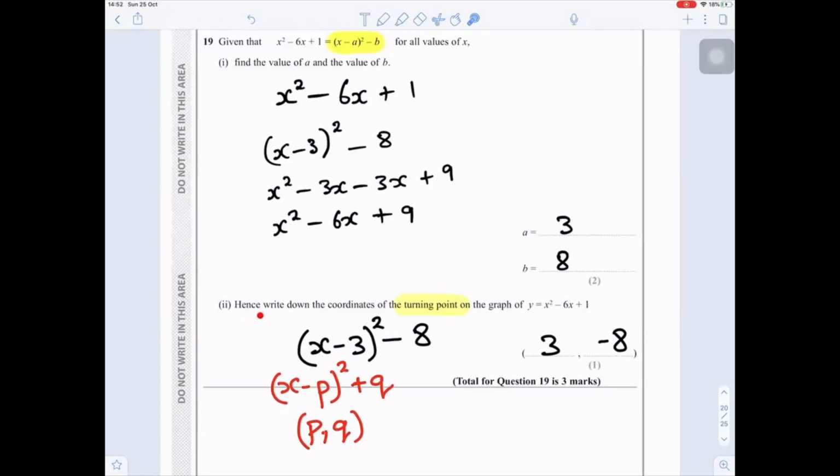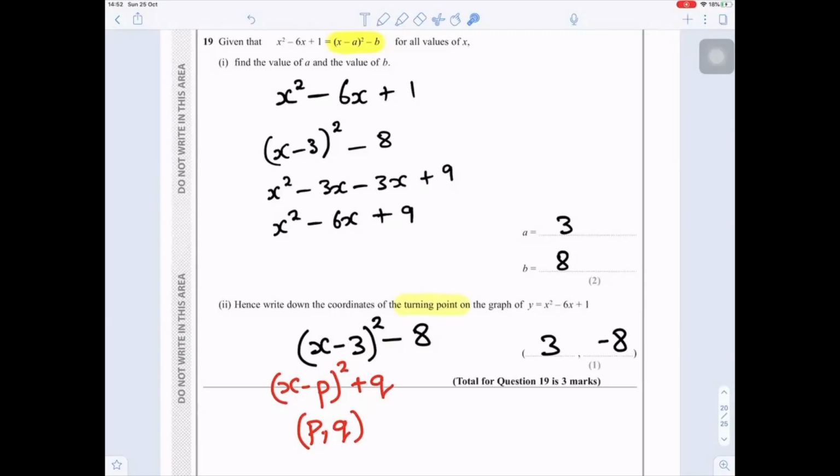Hence, part 2: write down the coordinates of the turning point on the graph of y equals x squared minus 6x plus 1. Hence means you use your answer from part 1. Since we completed the square, it is (x minus 3) all squared minus 8.